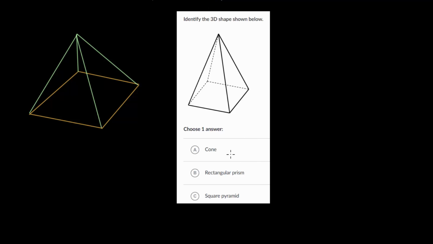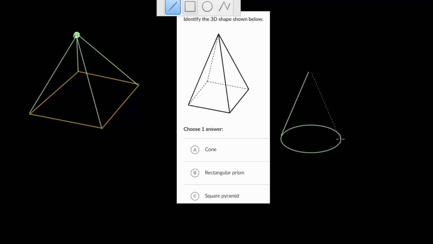So the main idea with a pyramid is that they all meet at one point, which is very similar to a cone. Remember with a cone, it has a circular base, and then every point on the edge of the cone is going to reach up and connect at the same point above.